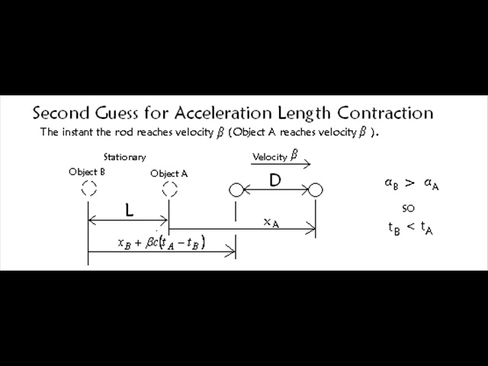And you can see in the drawing there that x sub A is relatively straightforward, but x sub B, the distance needed to accelerate object B to speed beta, that occurs early, and then you have an additional distance tacked onto that, which is object B traveling at a constant velocity beta while it waits for object A to catch up.